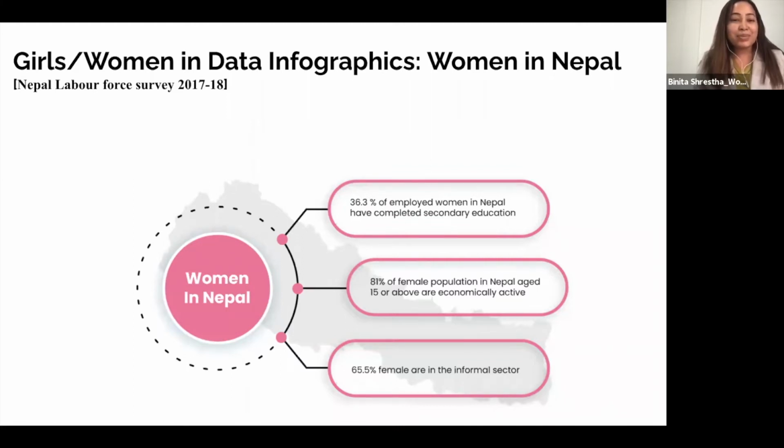But as per this survey, employment hours are counted even when they have contributed for an hour, and it also includes all types of formal and informal jobs. And 65.5% of females are in the informal sector, which means their economic generation is neither taxed nor monitored by any form of government.